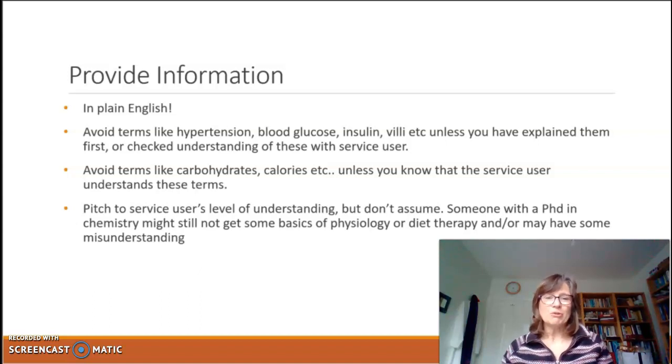So think it through and make sure you don't make assumptions about what people do or do not understand. We pitch it to people's level, but with no assumptions at all. And when you're thinking about how that applies to that individual, we need to be really clear that no assumptions are made.